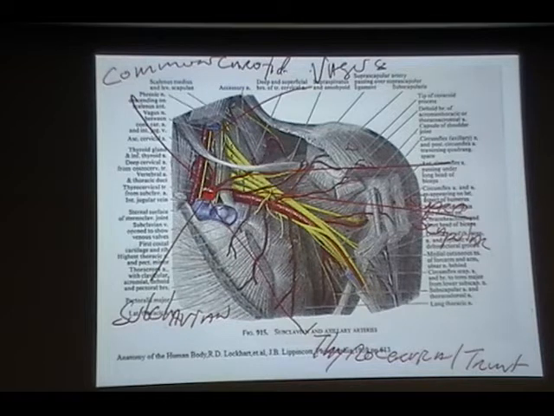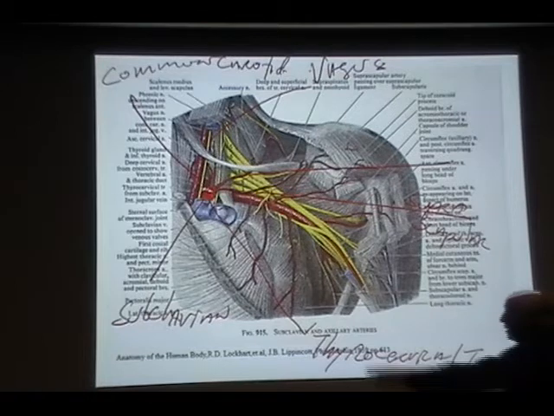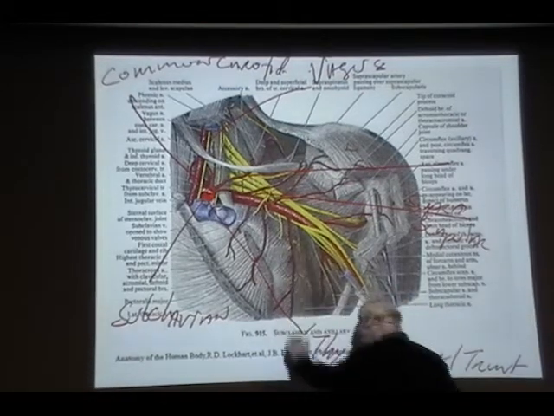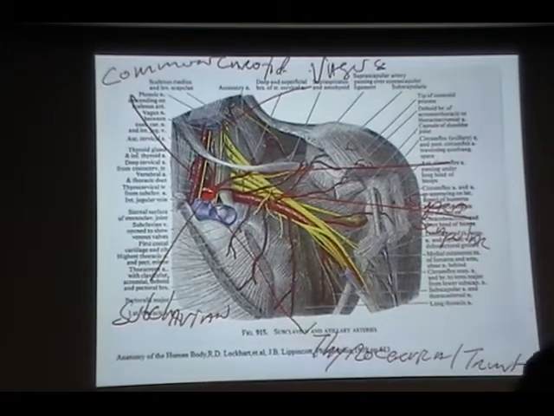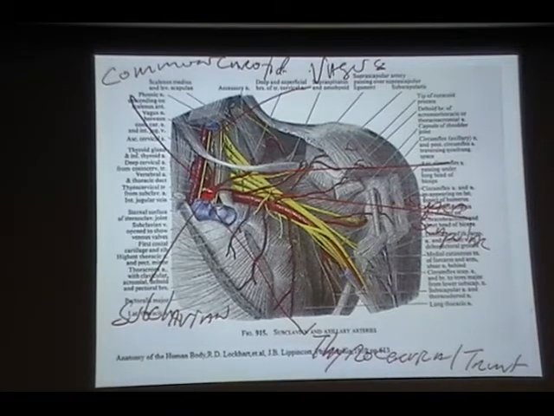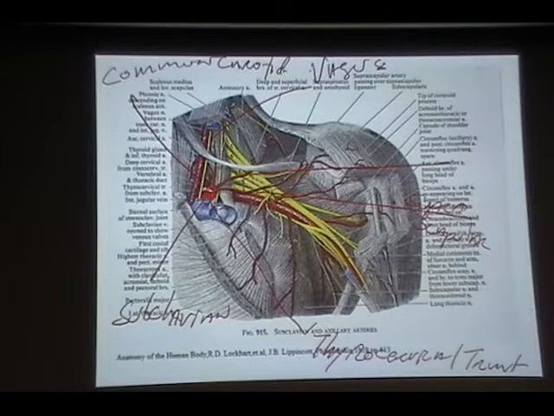What does the subclavian change its name to as it comes down in here? It goes into the armpit. Axillary. Okay. So just where that dot is, where all of these subclavian branches are being given off.